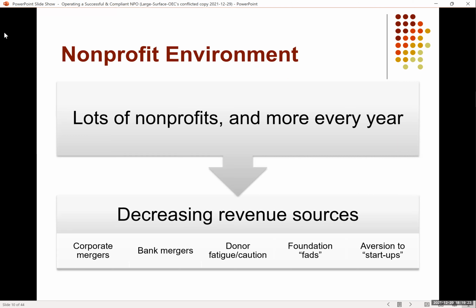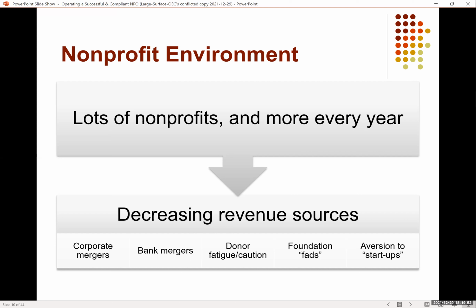So here's the environment that we're dealing with right now. There's a lot of nonprofits out there, and there's more every year. One thing, again, I'm from Detroit. I remember in the 2008 recession, we had a huge issue because the auto industry manufacturers were asking the government for a bailout.